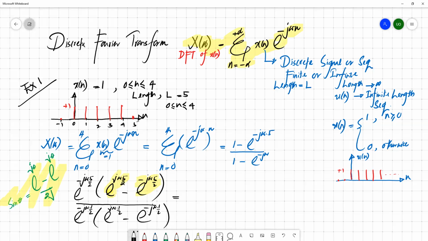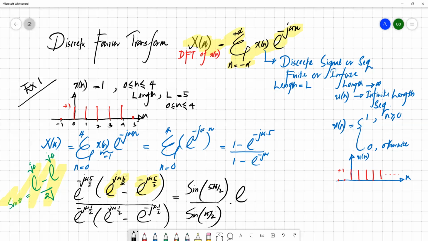This can be replaced with sine of 5 omega over 2, and this difference with sine omega over 2, and you can simplify the exponential function.